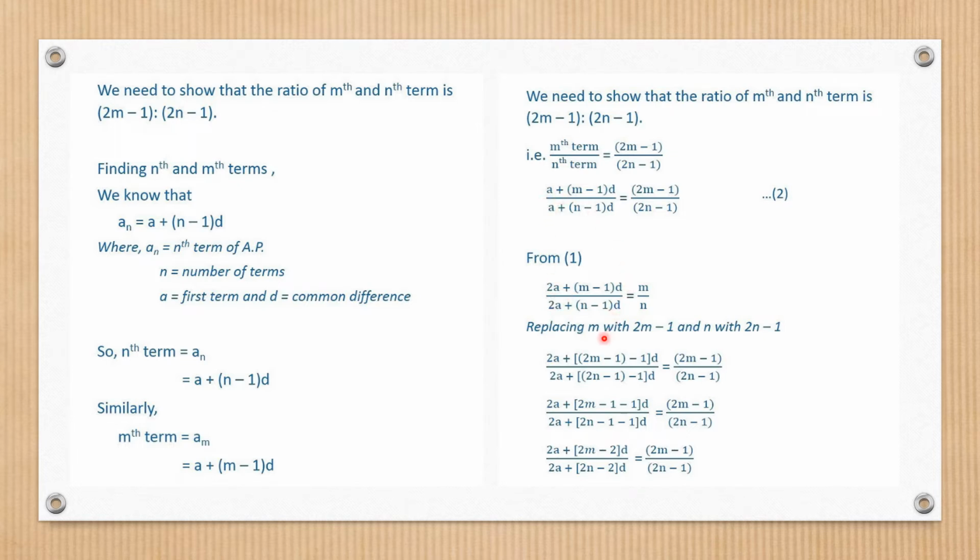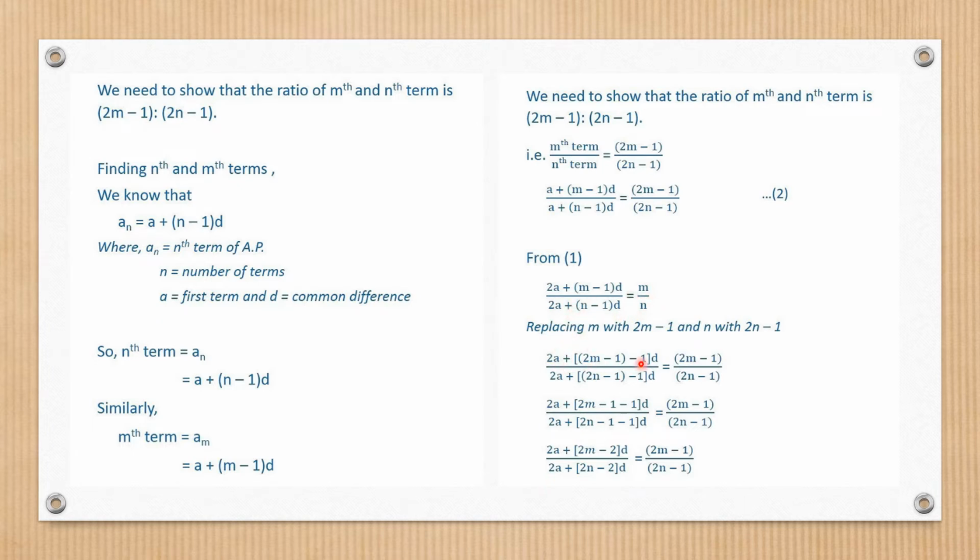And in place of this m minus 1, we need just m minus 1. So replacing m with 2m minus 1, towards my right hand side, but what do I require? In place of m, I need 2m minus 1. In place of n, I need 2n minus 1. So let us replace it and do whatever is desired here.